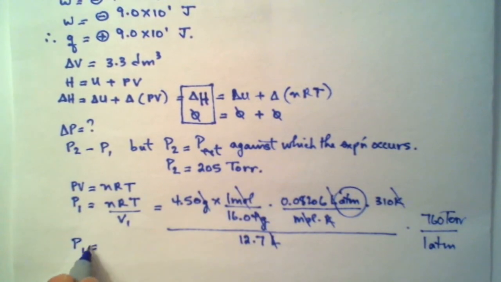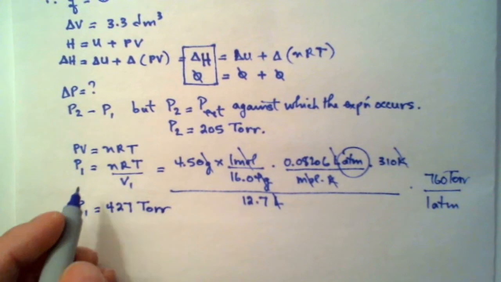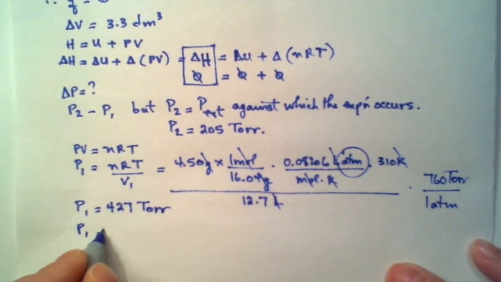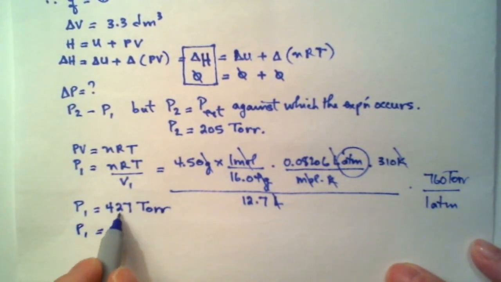So P1 is 427 Torr. And to 2 significant digits, the 7 will make that a 3, so 430 Torr.